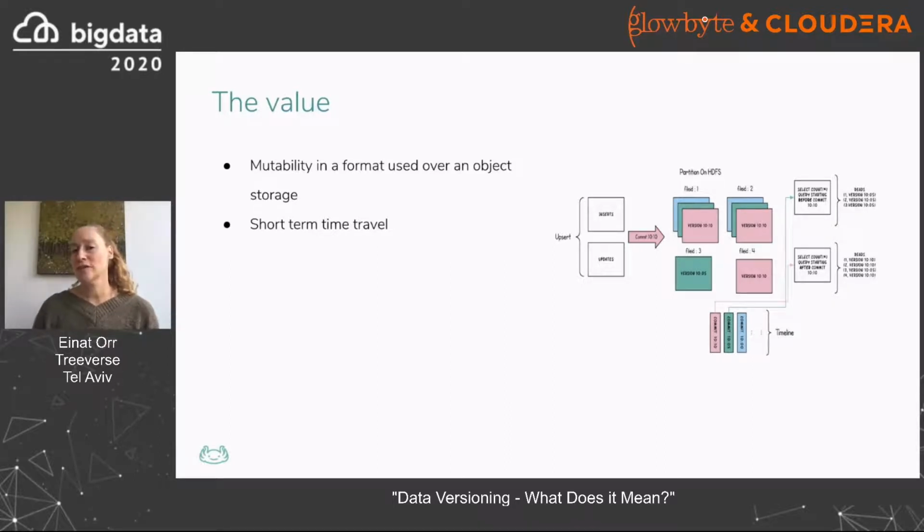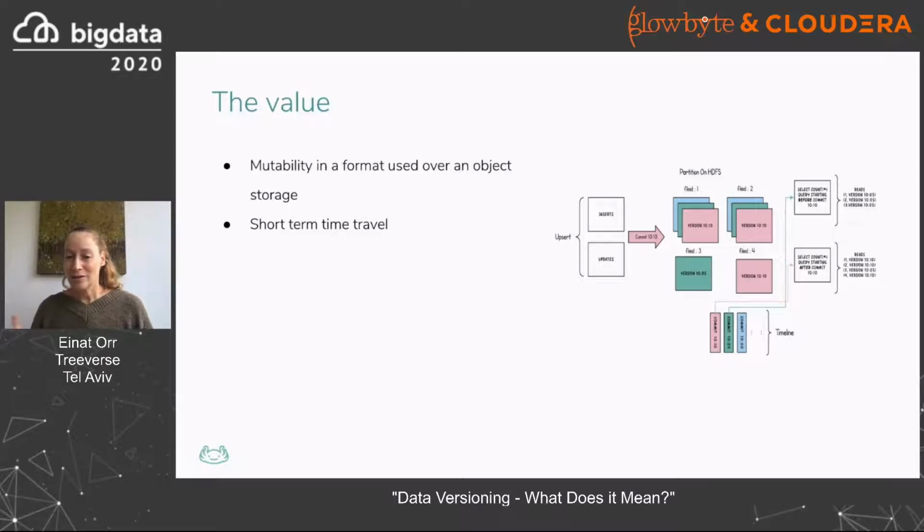Those time travels are usually short time travels because the performance in read is influenced by the amount of history that you have decided to save unvacuumed. It means that you haven't yet joined it to one representing file and moved forward.